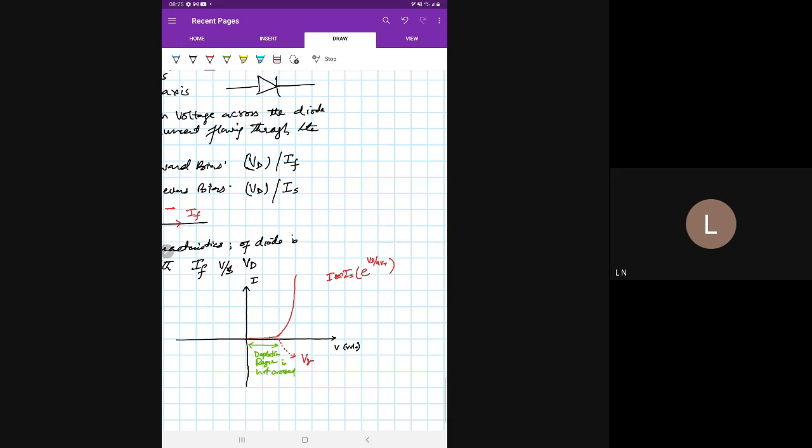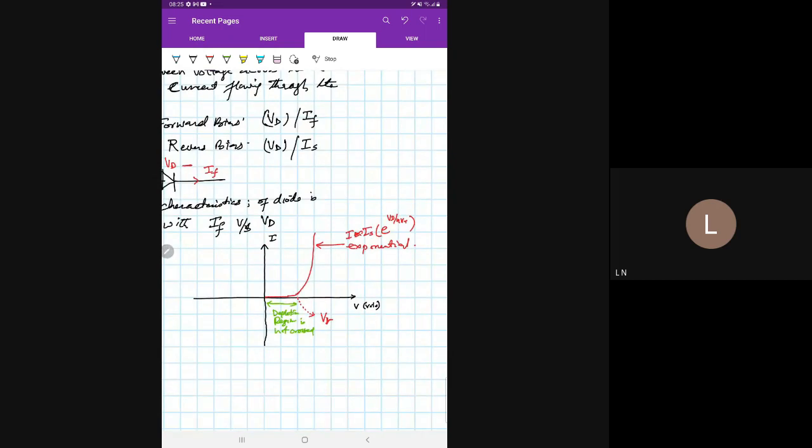That is why this curve is exponential in nature. But one thing you have to understand is that at a certain point the current will start flowing. Before that, the current will not be there inside the diode, because the depletion region has not been crossed.